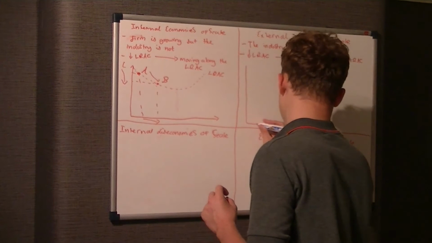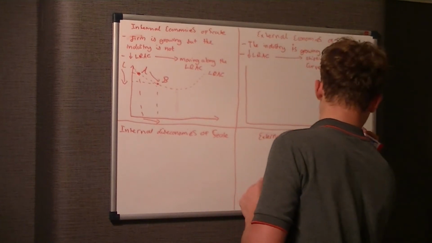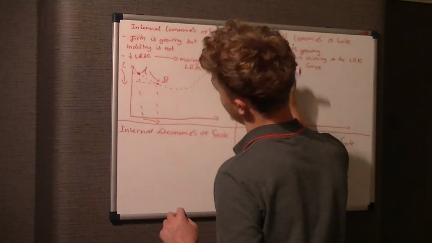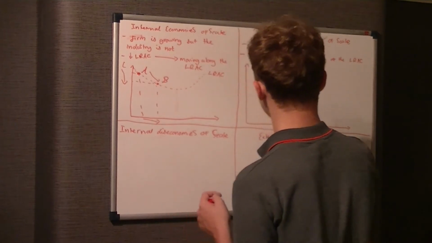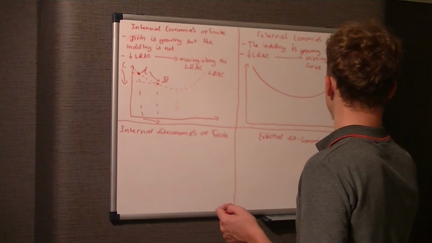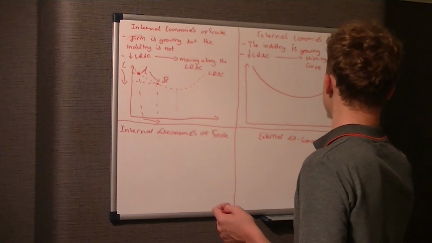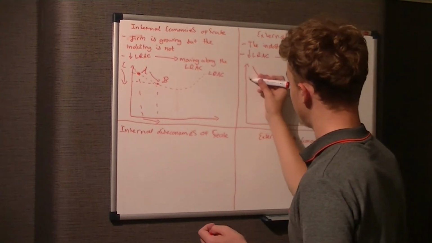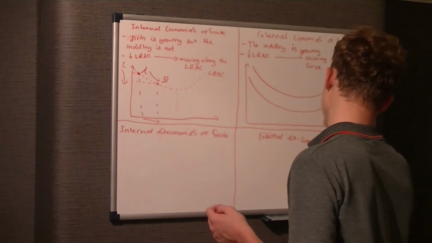Okay, so I'm just going to again draw the same sort of thing. I'm not going to label my diagram, but hopefully by now you should know the labels. So I'm going to call one curve the LRAC curve, and this is going to shift to the LRAC1.